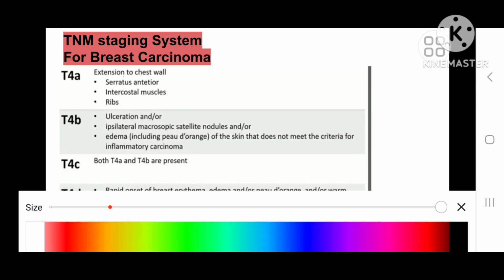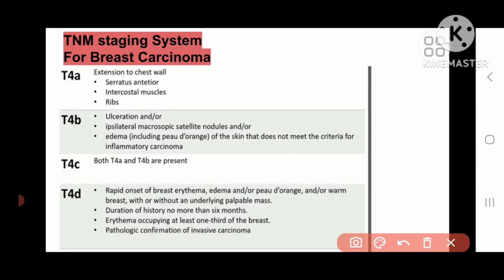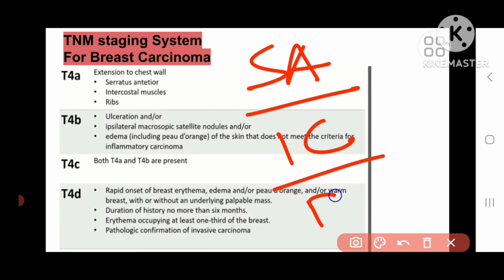So there are 3 components for chest wall extension: serratus anterior, intercostal muscles, and the ribs. If the tumor invades or adheres to the pectoralis major only, it does not fulfill the criteria for T4a.